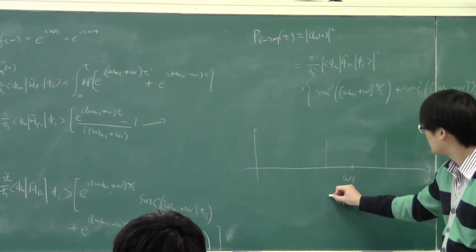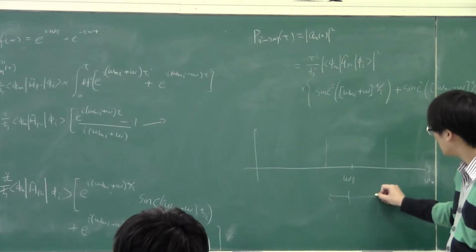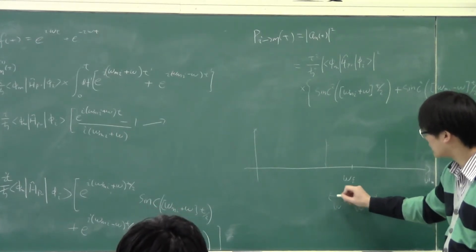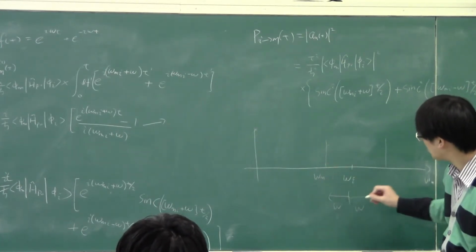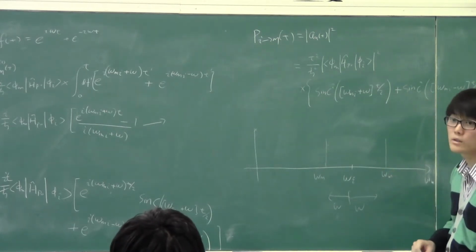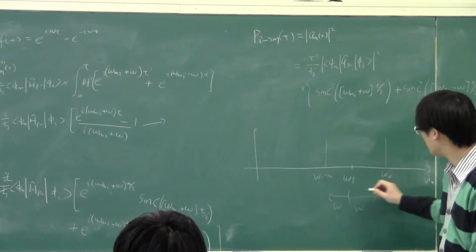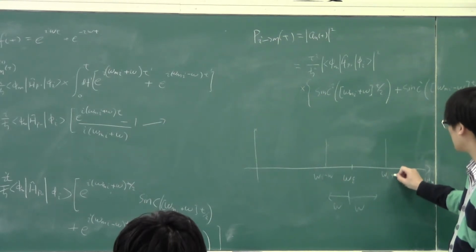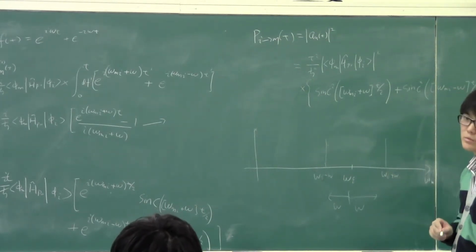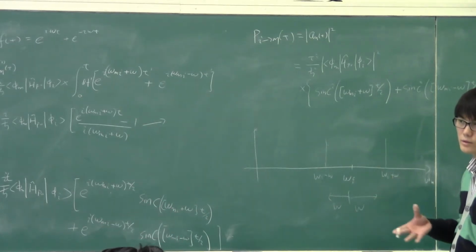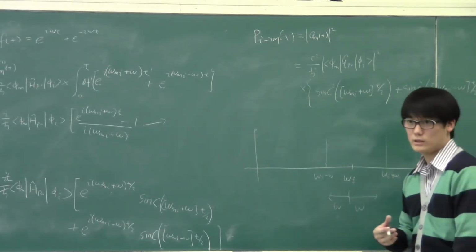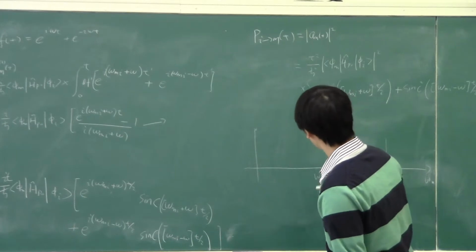So this and this, these are both omega, and these are the possible omega m's. So this omega m is omega I plus or minus omega. Okay. So that's some information, and this information is, of course, conservation of energy. Right. Now, there's something else.